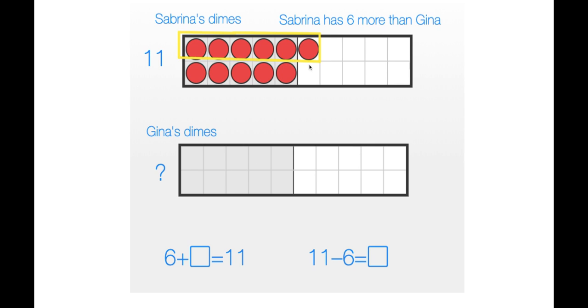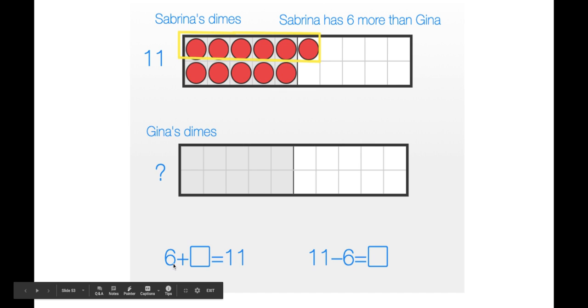So we put a box around 6 of them. Now we could take a look at this picture and think, oh, there's a certain amount left. I bet that's how many Gina has. Or we could also come up with a number sentence to solve the unknown. So we have 6 plus blank equals 11, or 11 minus 6 equals blank.